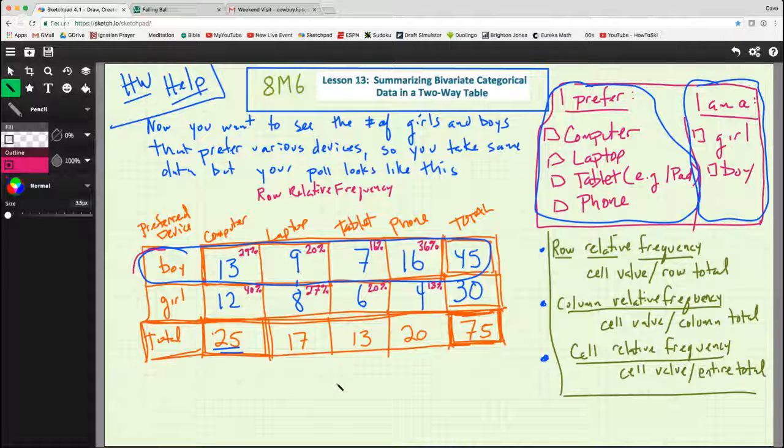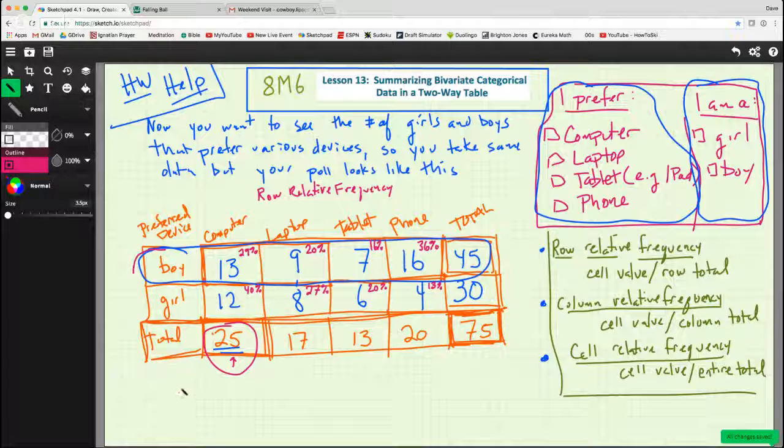And we can ask some pretty cool questions about this. So right off the bat, let's see. Overall, computers. Remember, we calculated that computers were the most popular just overall.